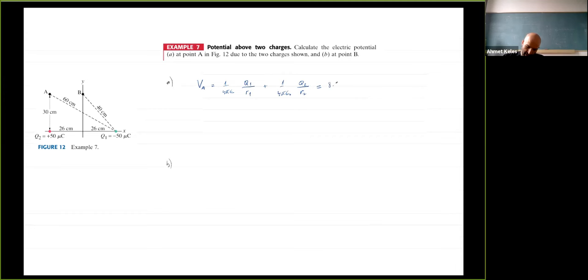This is equal to 8.99 times 10 to the 9, times Q1, which is minus 50 times 10 to the minus 6 coulomb, divided by 60 centimeters, which is 60 times 10 to the minus 2, plus 50 times 10 to the minus 6 divided by 30 times 10 to the minus 2.